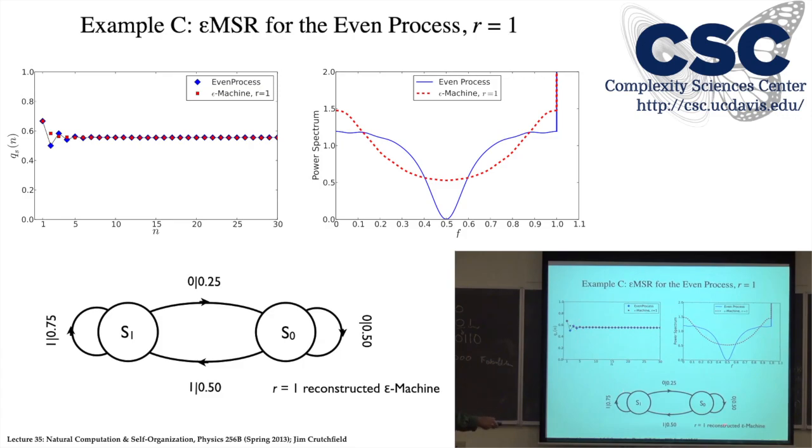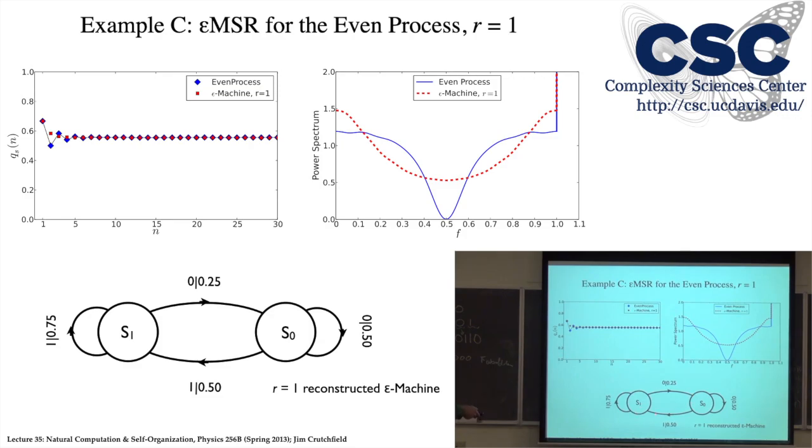The causal state architecture looks like this, and remember, with the even process, I wrote it down so that we were forbidding zeros between an even number of ones. Here, all sequences are allowed. This forbids exactly nothing, and you can see that sequences of arbitrary length are allowed with non-zero probability. So we're missing a lot.